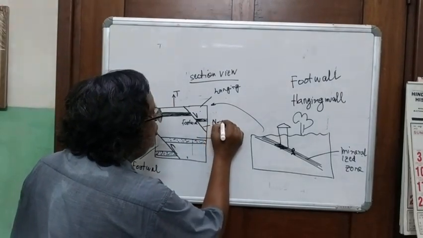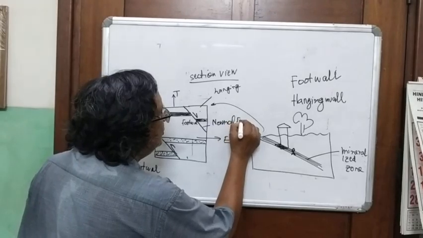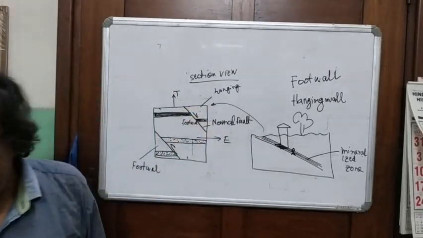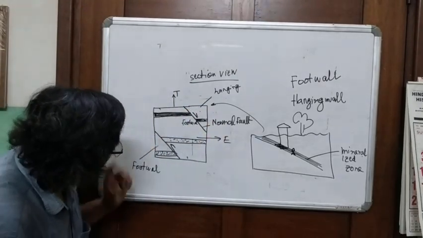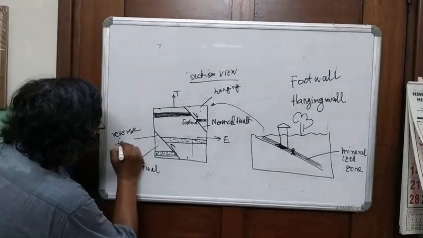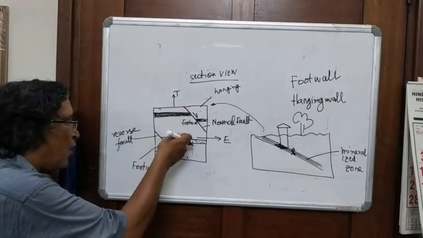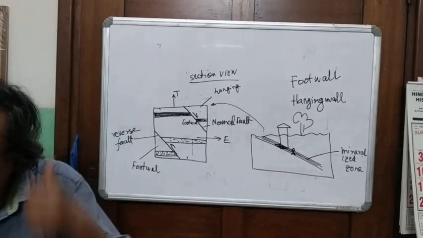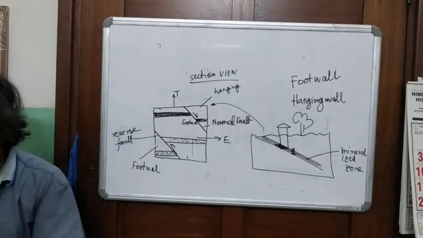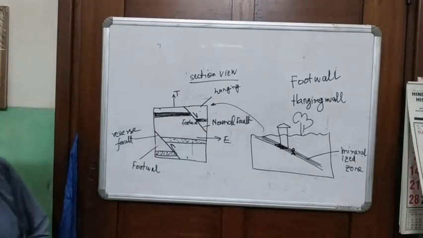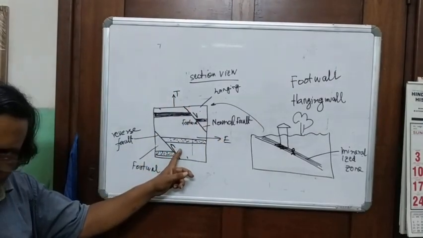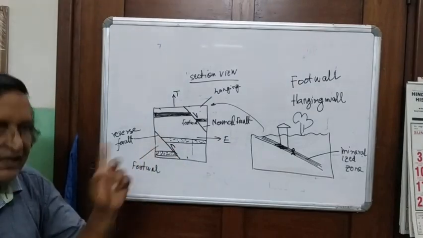In a normal fault, the hanging wall moves down relative to the footwall. And this one here is called a reverse fault. What is it? Where the hanging wall moves up relative to the footwall. Both are faults, but they have a different sense of movement on the fault line. So you have a normal fault where the hanging wall moves down relative to the footwall, and you have a reverse fault in which the hanging wall moves up relative to the footwall.